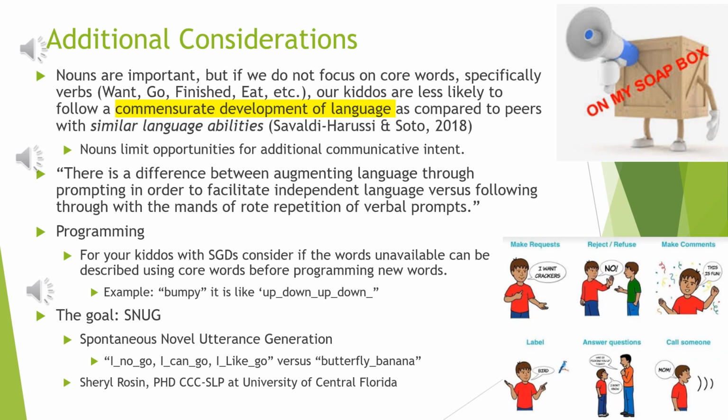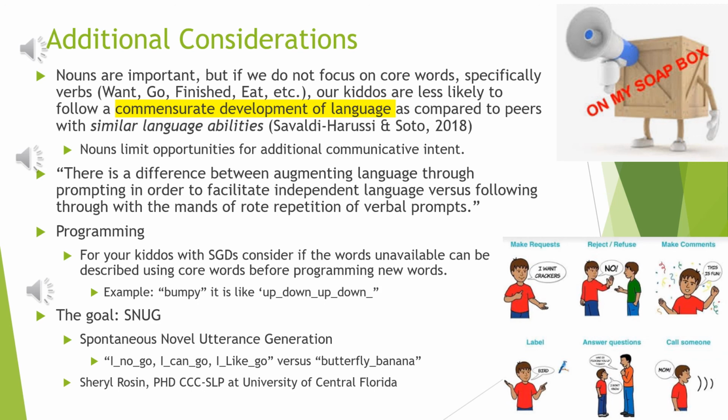Now, for our kiddos who are already ingrained in alternative communication, who have their SGDs, okay, I implore you all to consider the words that are unavailable. How can they be described using core words before just throwing out a whole new word, right? Our kiddos are still acquiring language.